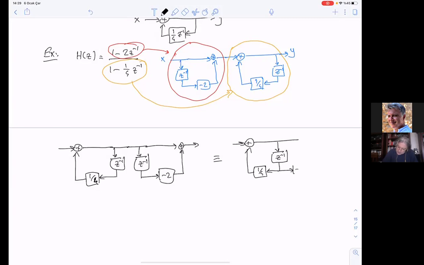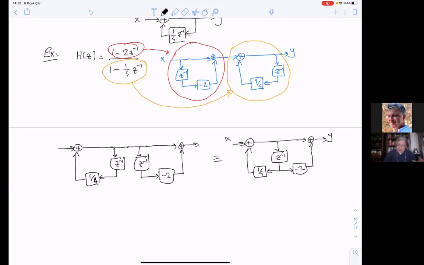The right hand part is multiplied by minus 2, and there is a forward path here. So the input is x and the output is y. This is a first order simplified form, and it's already covered through the first midterm topics using D instead of z to the minus 1.